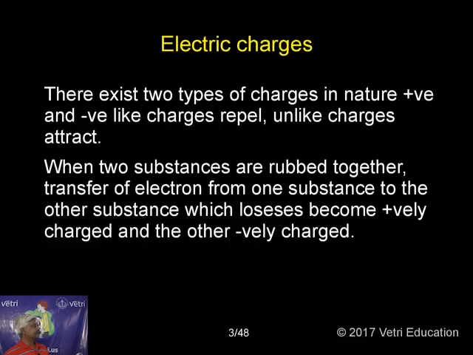They attract. When two substances are rubbed together, there is a transfer of electrons from one substance to the other; the one which loses electrons becomes positively charged and the other negatively charged. Think of it very easily. Take a glass rod. Any material is loaded with atoms. An atom possesses both positive and negative charges.